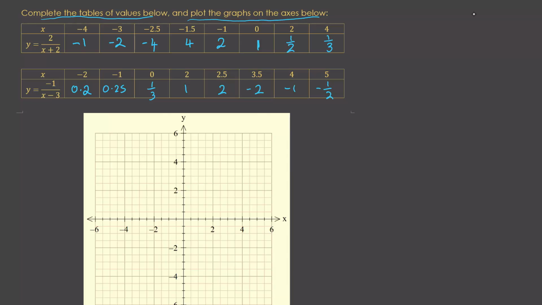Okay, so let's plot this first one in green.